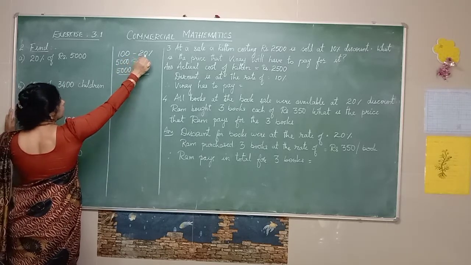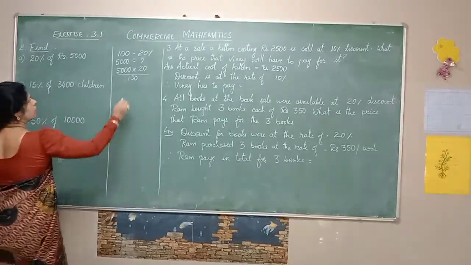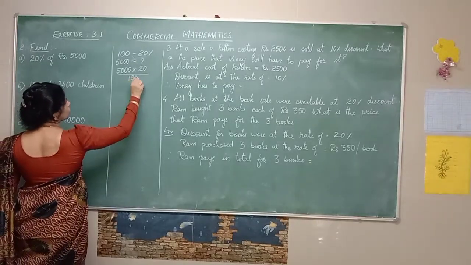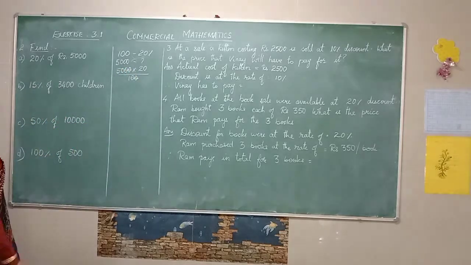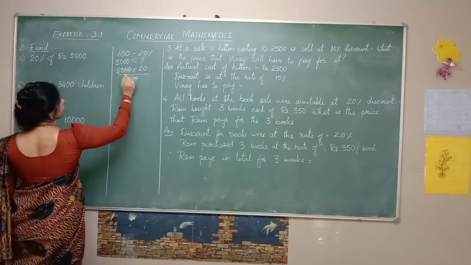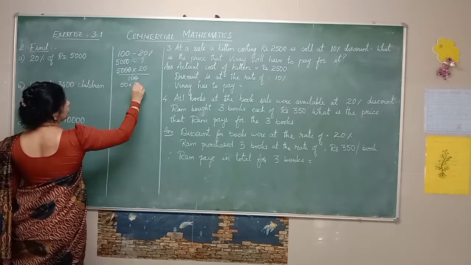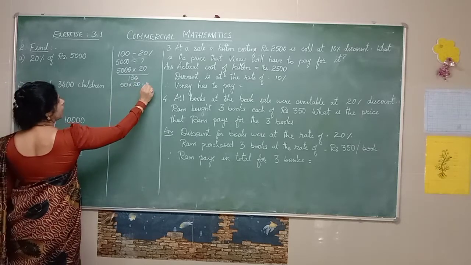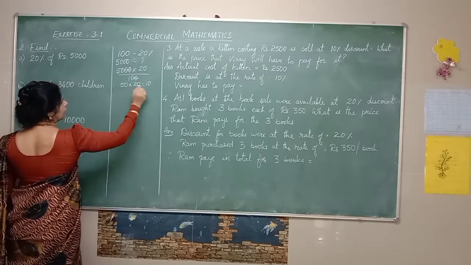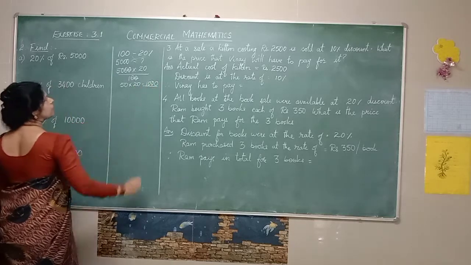When you do this, these two zeros will go. What remains is 50 into 20. So how much does it come to? 5 twos are 10, and then this 0 and this 0.